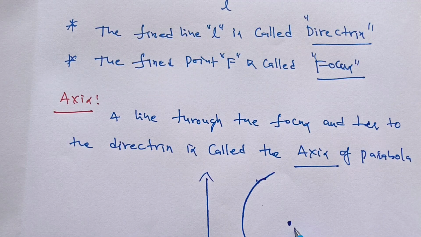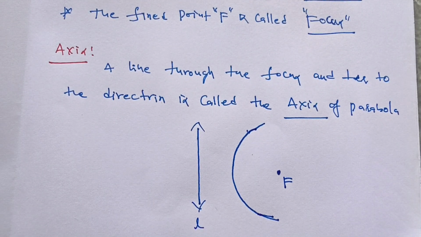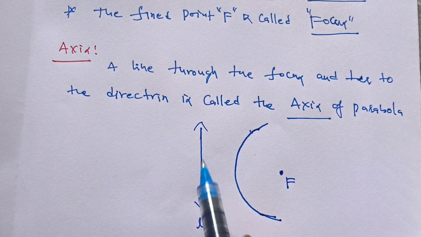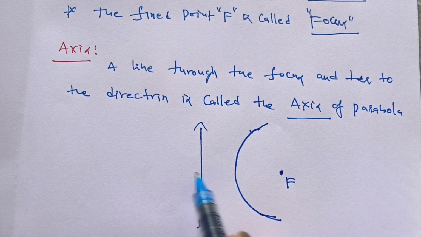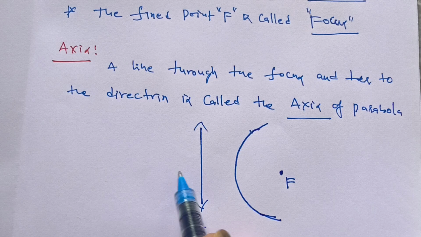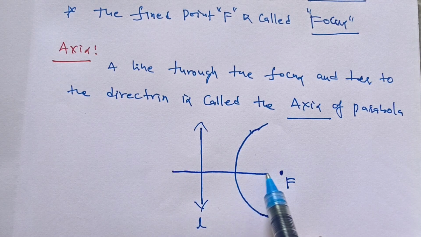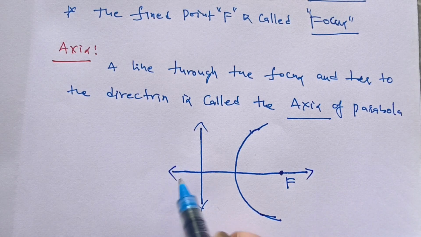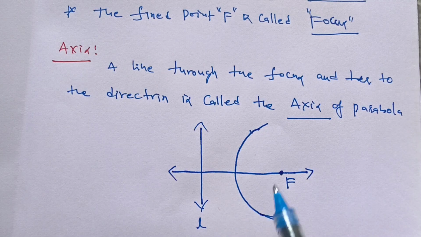This is the fixed line L, and this is the focus F. Now a line passing through the focus and perpendicular to the directrix is called the axis.